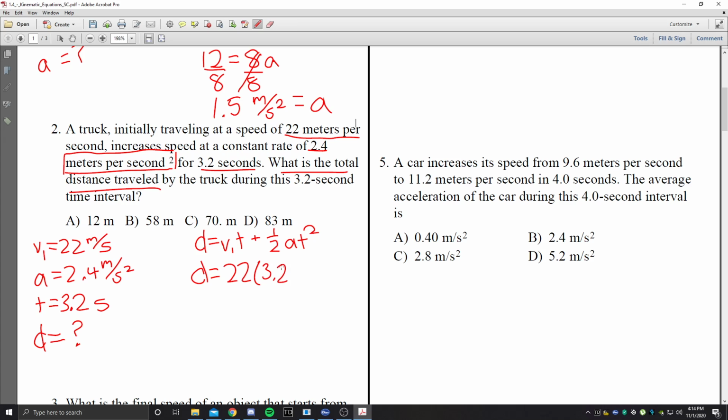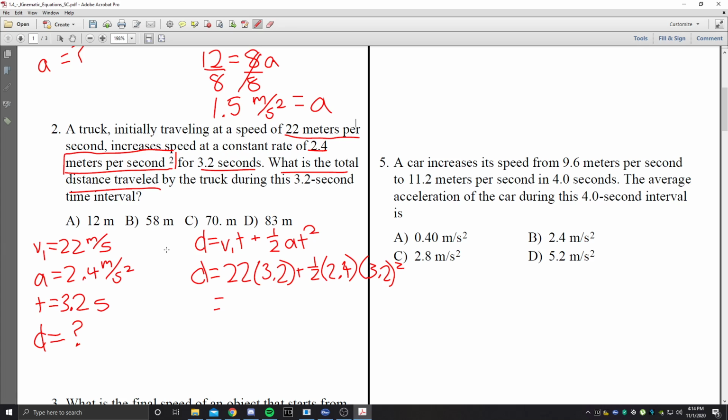So now I want to substitute for everything. And I get 3.2 squared. Unfortunately, I have to move over to the other side. So 22 times 3.2 is going to be a certain number.